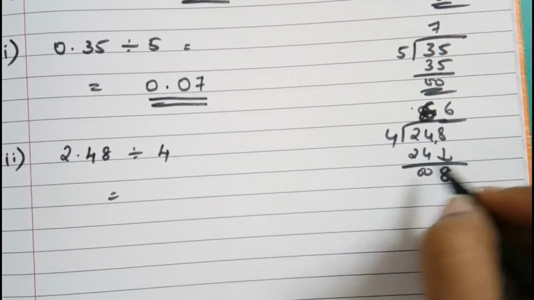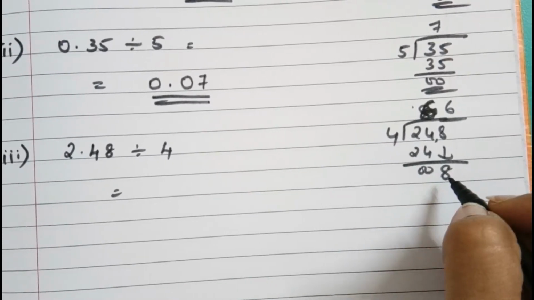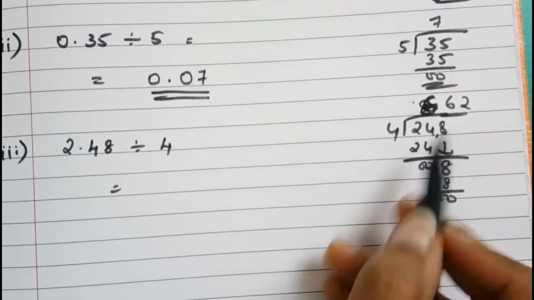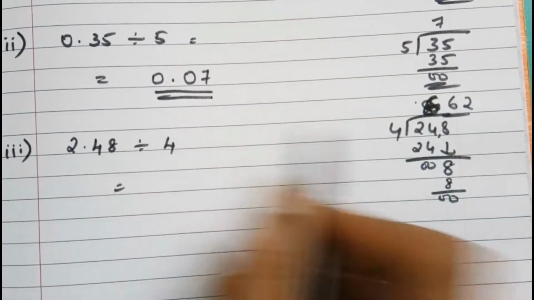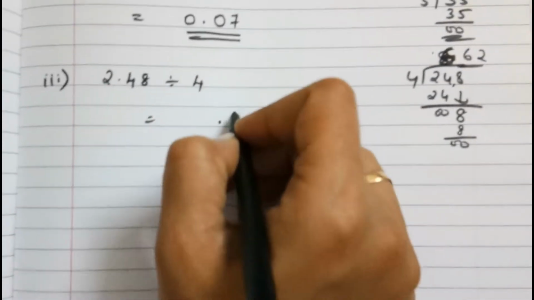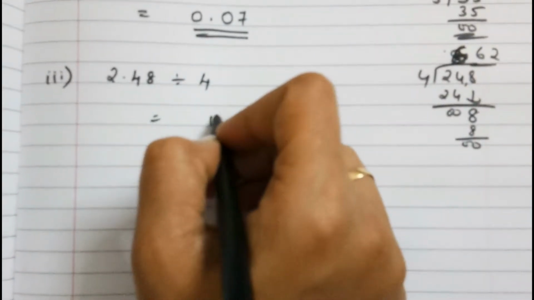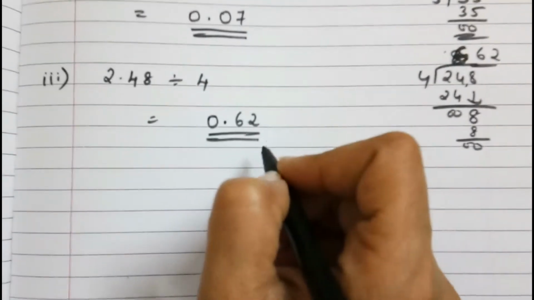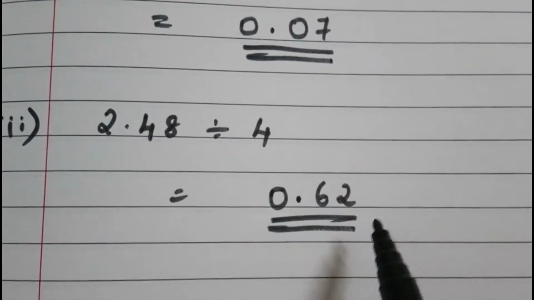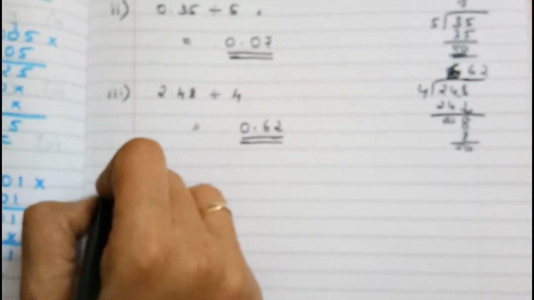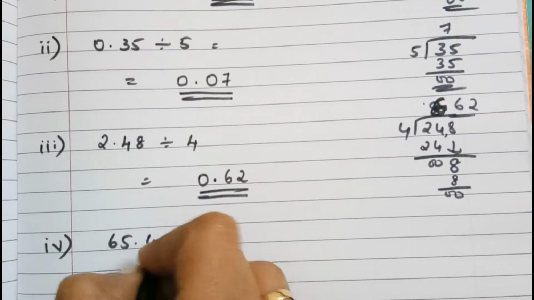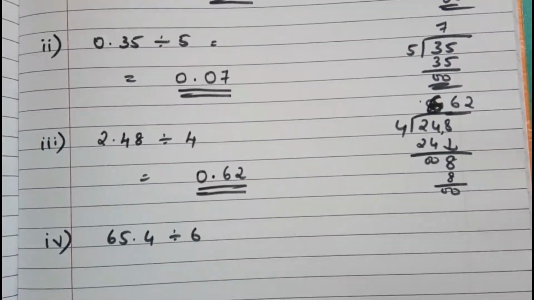Bring down this 8. Now how many times will the 4 go in 8? 2 times, right? Remainder 0. So what did we get as the answer here? 62. Since there are 2 numbers after the decimal point, the answer will be 0.62. No number before the decimal, we put 0. So the answer here is 0.62. Clear?